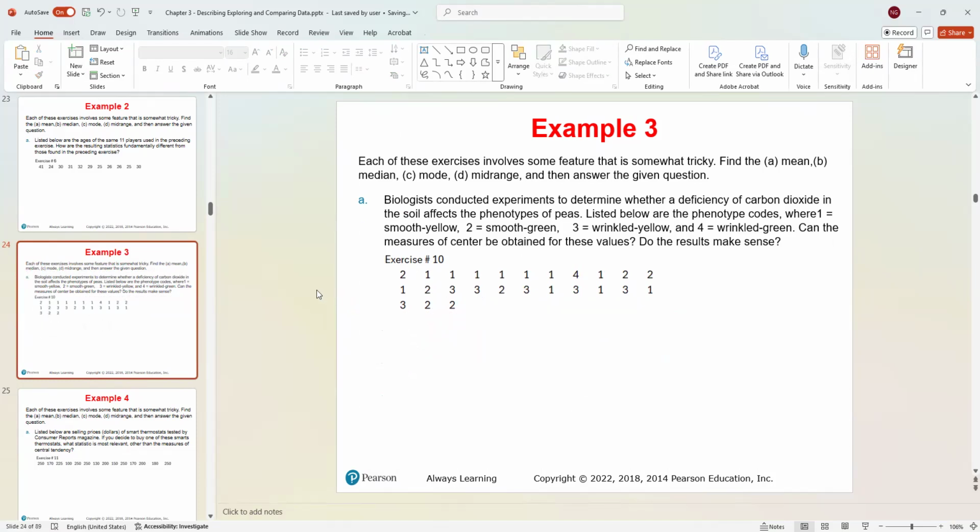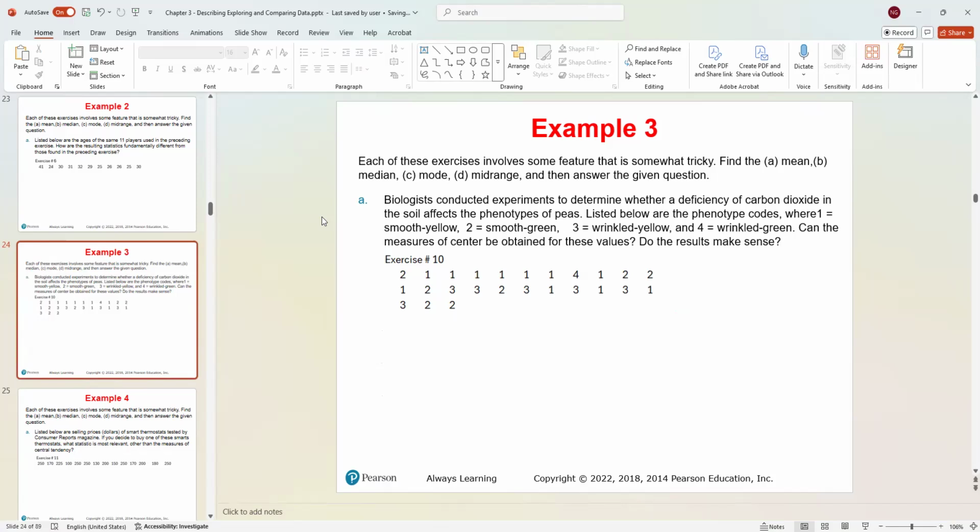Okay. Now, in this data set, we find the mean, median, mode, and mid-range. And so the question: biologists conduct experiments to determine whether the deficiency of carbon dioxide in the soil affects the phenotypes of peas.